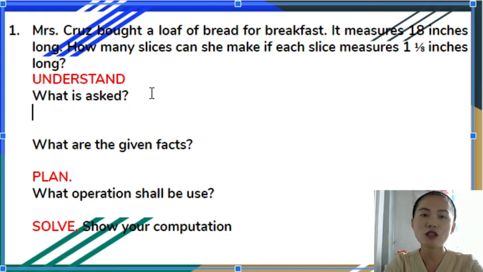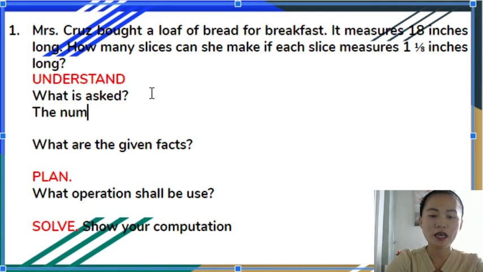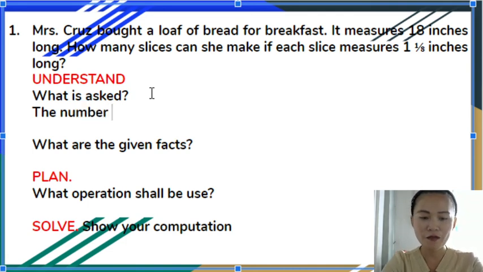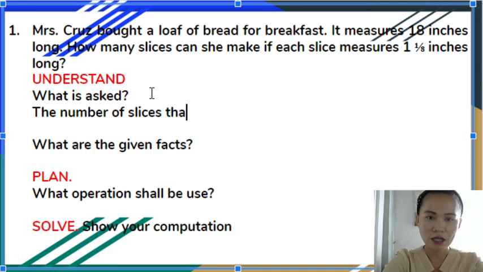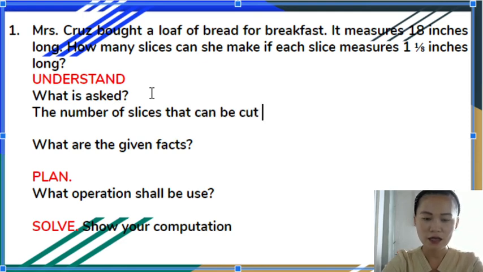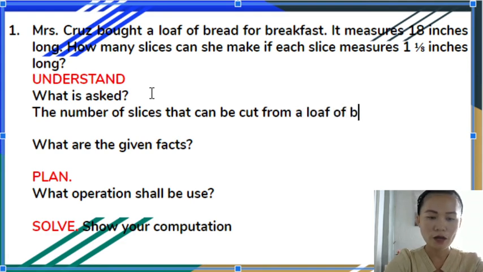If you're referring to the amount of money, then start with the amount. Since here, how many slices? So it refers to the number. The number of slices she can cut from a loaf of bread.